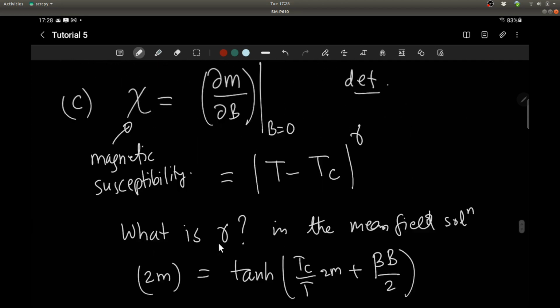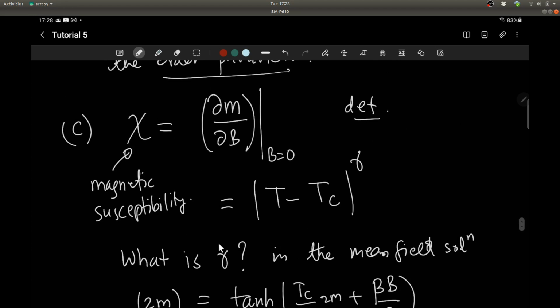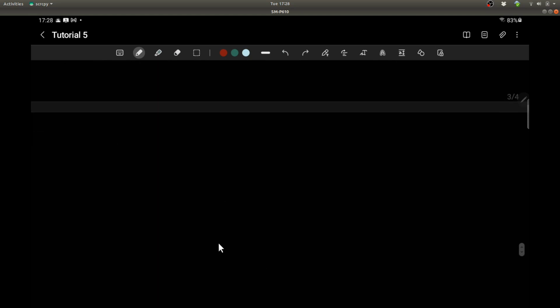Since we are only interested in the singularity, it doesn't matter if I put a 2 here also. We only are interested in gamma. If I put a 2 here and take the derivative of 2m, it doesn't matter. So I'll just compute.